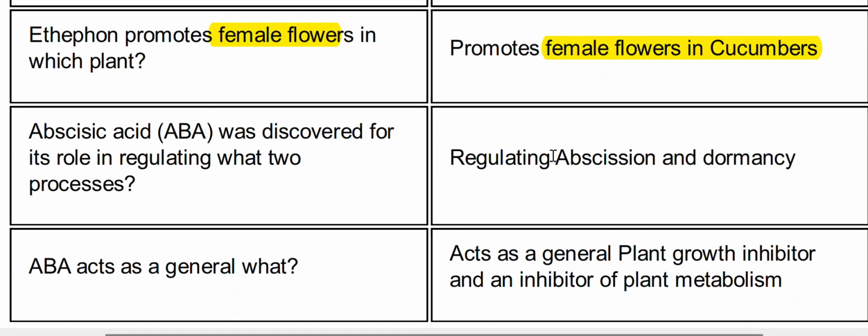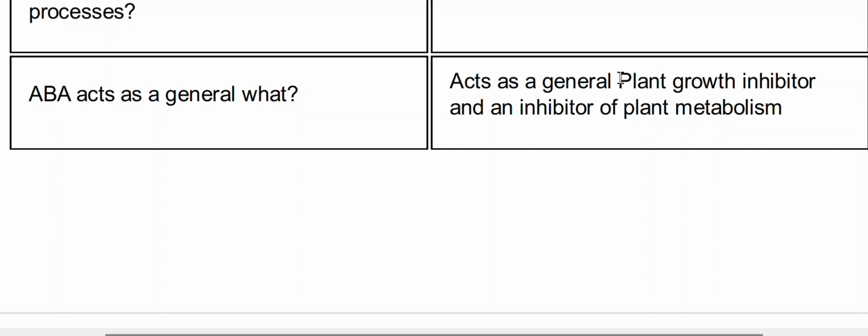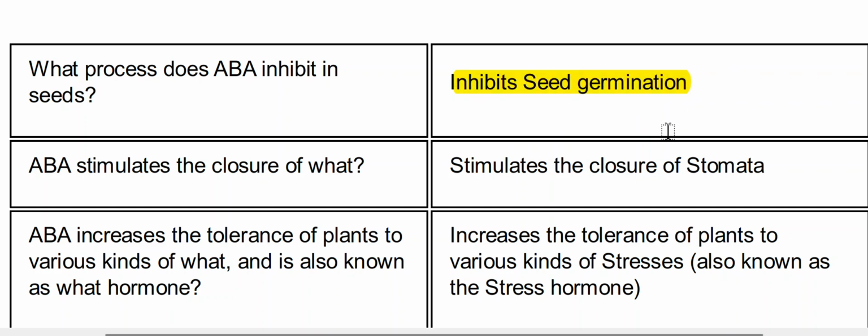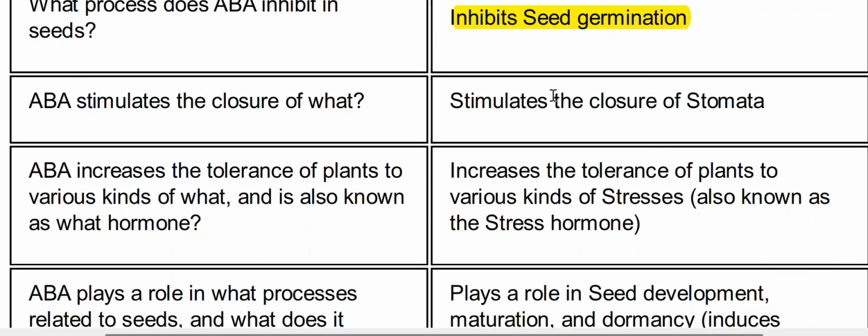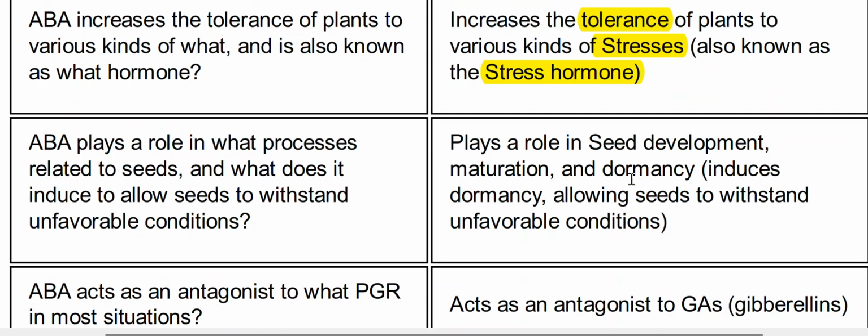Abscisic acid is involved in abscission and dormancy. It is a plant growth inhibitor: it inhibits seed germination, stimulates the closure of stomata, and increases tolerance to stress. So generally we can call it a stress hormone, ABA.